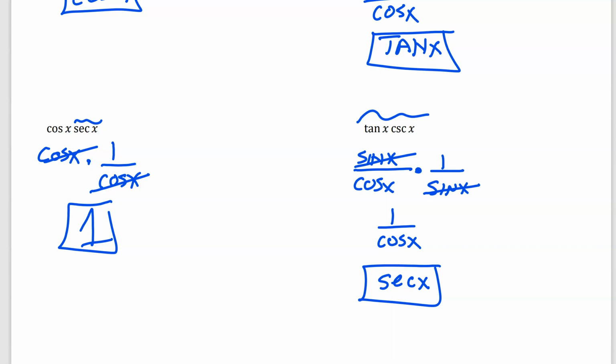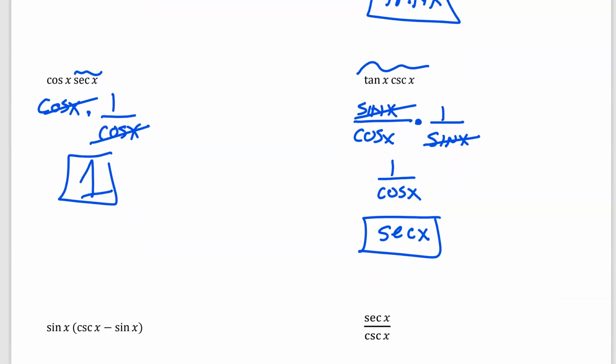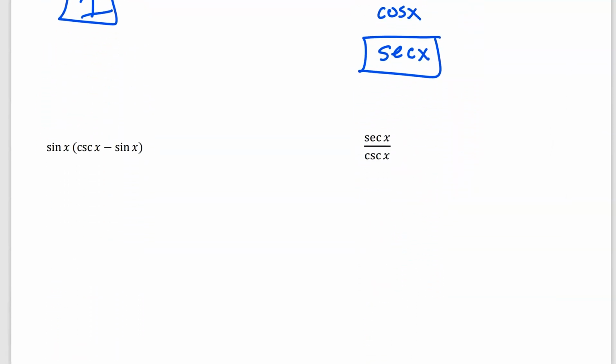Let's try 2 more, and then you're just going to spend the hour working on the problems. Okay, here's 2 more. Okay, so on the left-hand side, it looks a little different, but not bad. There's a lot of ways you could approach this one. I'm going to think about just doing the distributive property first. All right, sine times sine is sine squared.